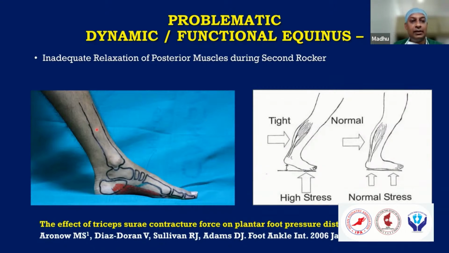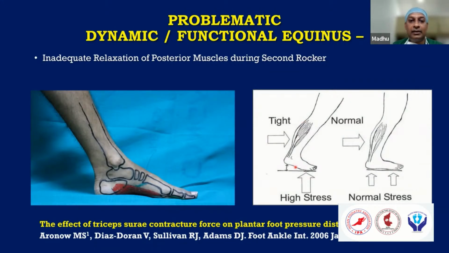So what happens here is, to allow that movement, there must be an eccentric contraction of the gastrocsoleus muscles. So if this eccentric contraction and relaxation is not enough, then what happens is there is a tightness of the Achilles tendon and gastrocsoleus unit. This results in what we call an equinus contracture.